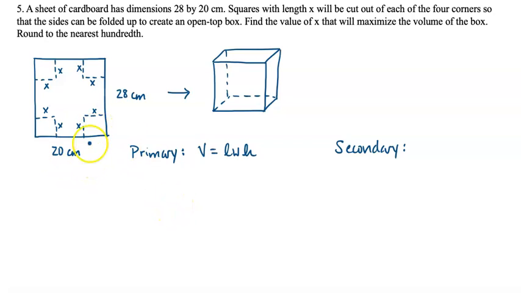So here's what I'm going to say. I'm going to try to go from here to here and just write the length, width, and height of this box in terms of x.